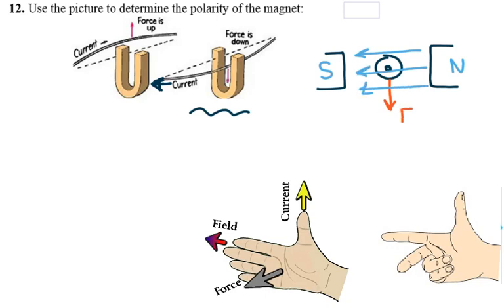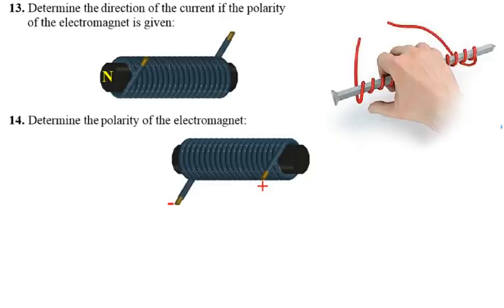My palm has to be facing down, my thumb is pointing at me, and my fingers are from right to left, and I will get the force acting down. So I know that the right side is north and the left side is south.